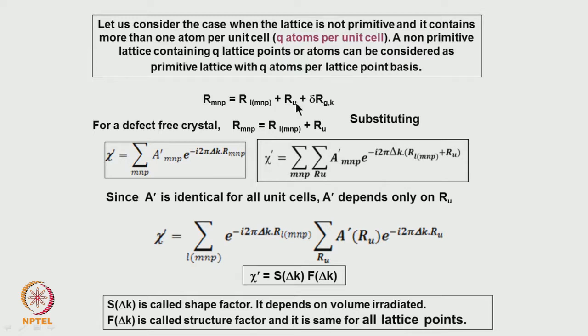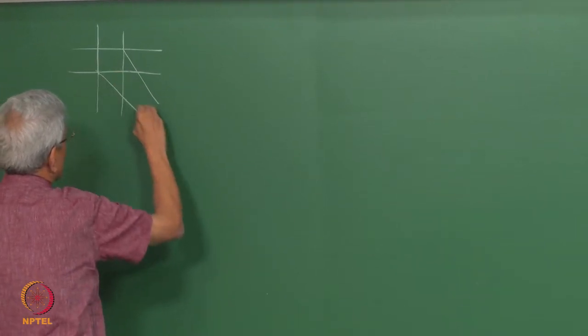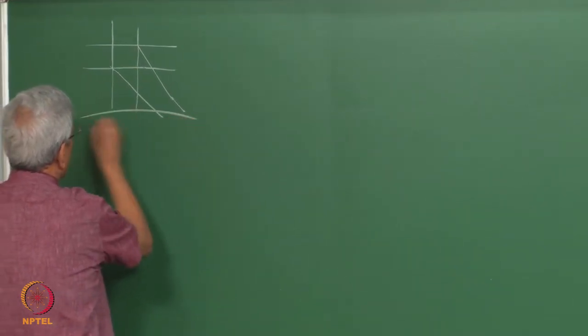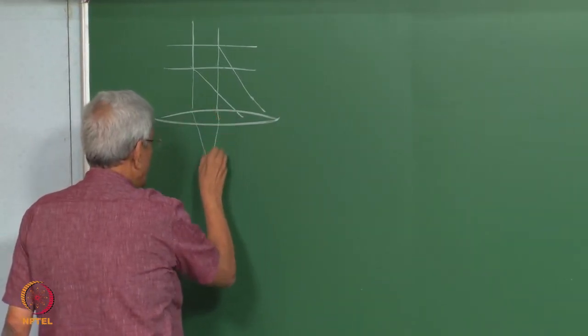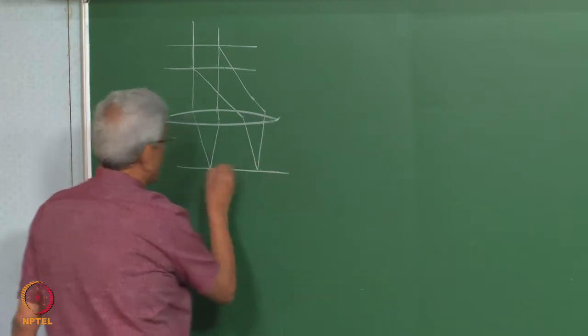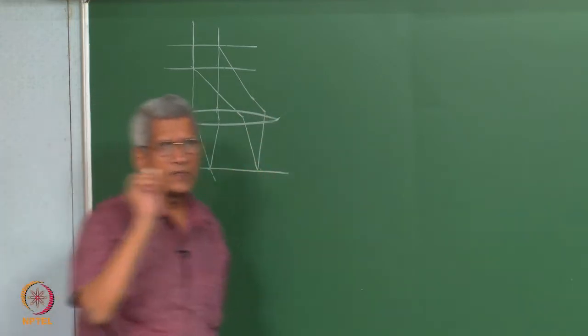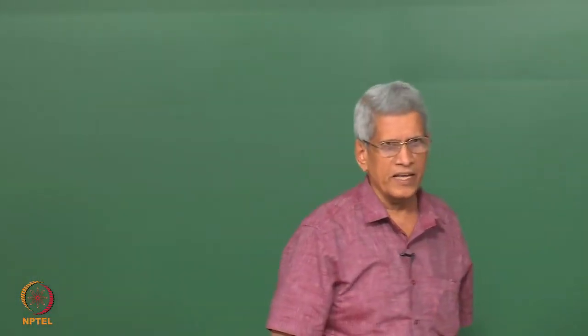If an electron beam is falling onto the sample like this, this is essentially the transmitted beam, and from this region a diffracted beam is going to be there. If you put a lens, at the back focal plane all these rays are focused together. So we get the diffraction spots, but since the diffraction spot is a concentrated one, we are not able to see the variation in intensity there.